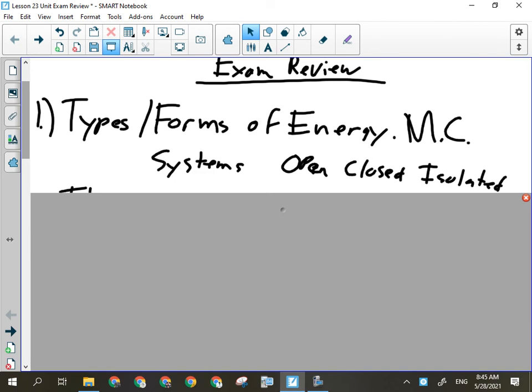We're hotter than the surroundings, so energy naturally goes from us to the surroundings. We're an open system. A closed system exchanges energy but not matter. So that would be anything that can be sealed airtight. It can still exchange energy, but it can't exchange any matter.